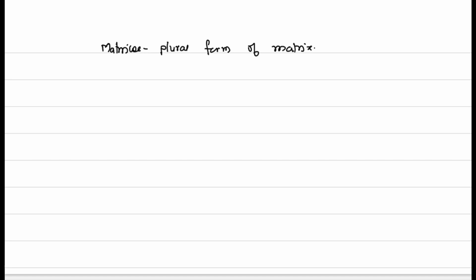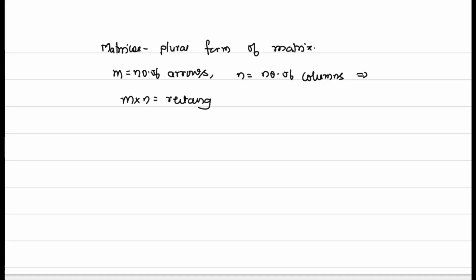If m is the number of rows of the array and n is the number of columns of the array, then it is a matrix of size m into n. It is a rectangular matrix if m is not equal to n.